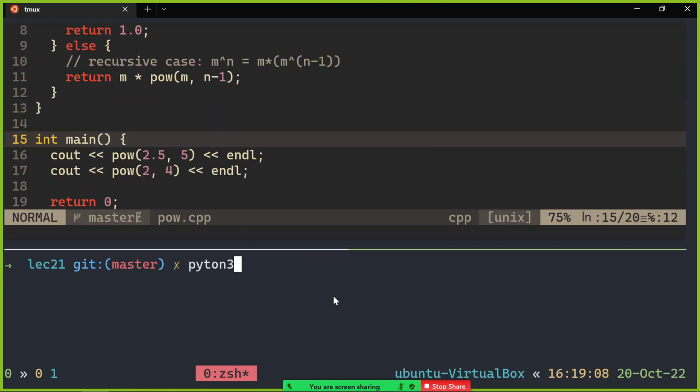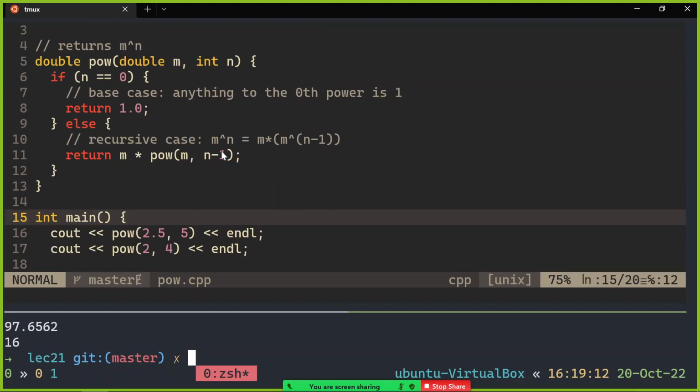But it works. Are there any questions about this code? It's doing the thing. Yes, question over there.